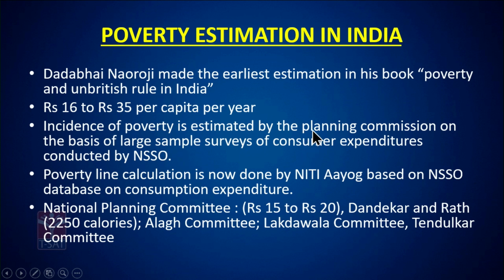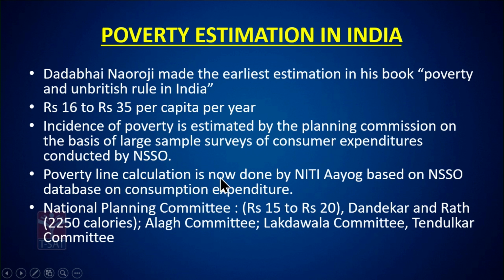It is the Planning Commission which is responsible for estimation of poverty depending upon the sample information given by the National Sample Survey Organization. This organization usually does sample surveys for collecting information on consumer expenditures, and based on this data, the incidence of poverty is estimated by the Planning Commission.